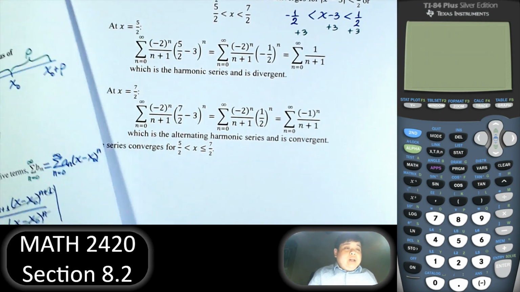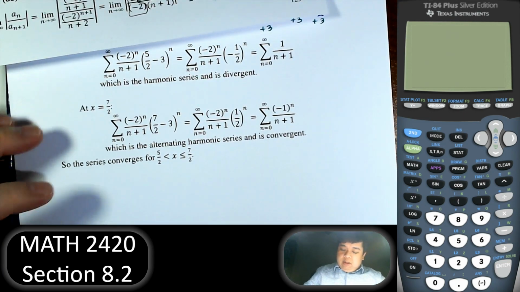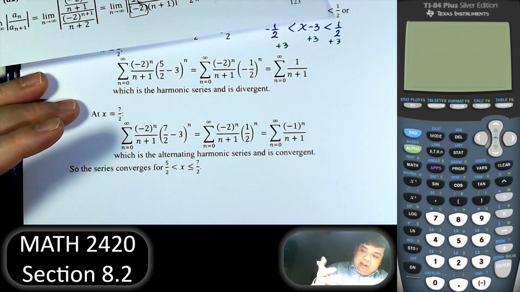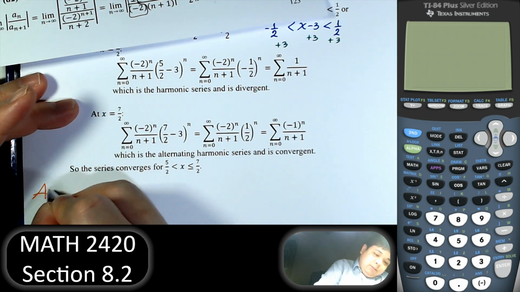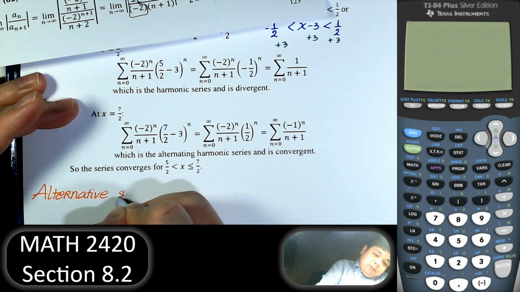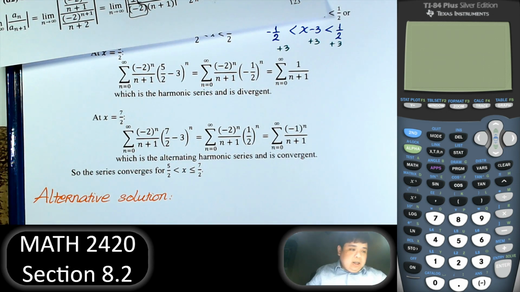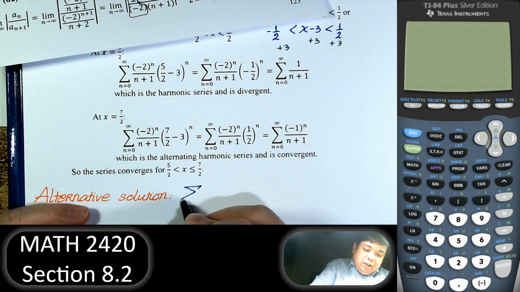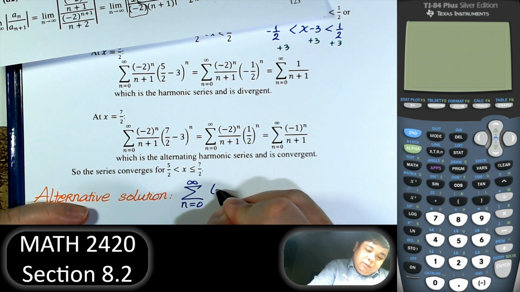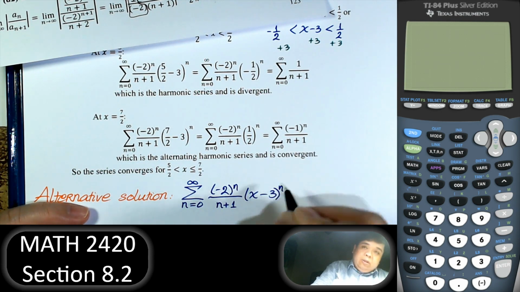Right. So that's what we did using the first form. Now I'll use the alternative form. Either way works. So notice that we have the series.